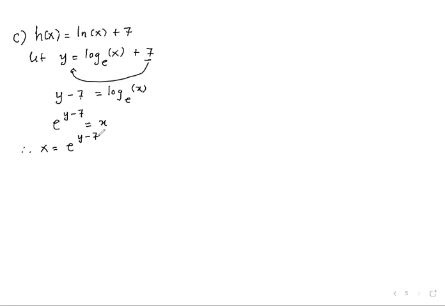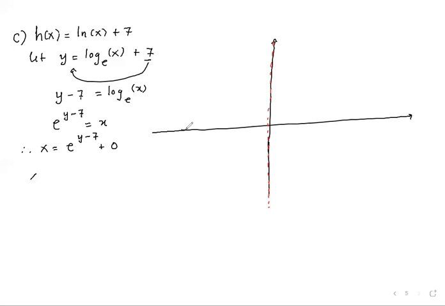And then what we do now, we can sketch. You've seen that there's no constant, so it is plus 0. So the asymptote is this line. And then from there, we move to the x-intercept by letting y be 0. So e^(0 minus 7) is equal to 1 over e to the power 7.